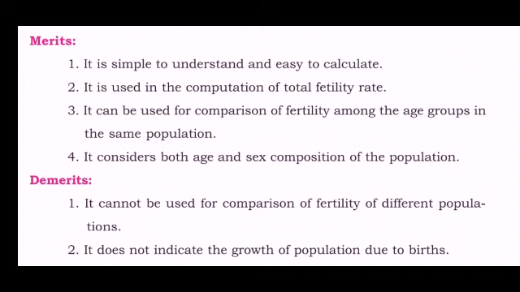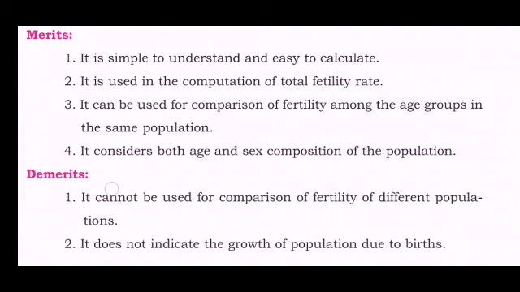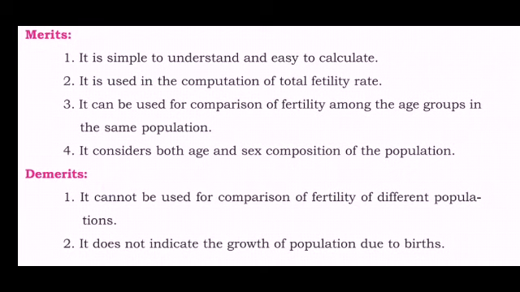Suppose you want to know the fertility rate in the age group 15 to 19 and compare it with that of the 20 to 24 year age group, we can compare for the same population, but we cannot compare with other locations.